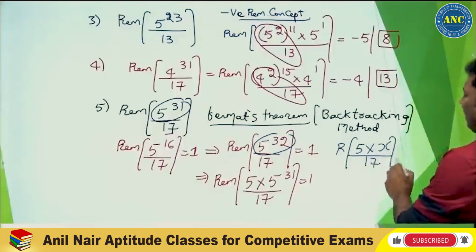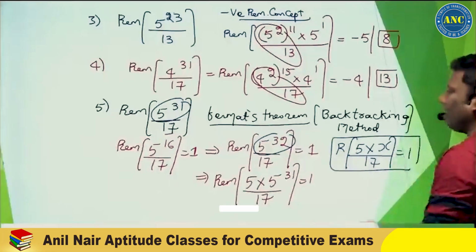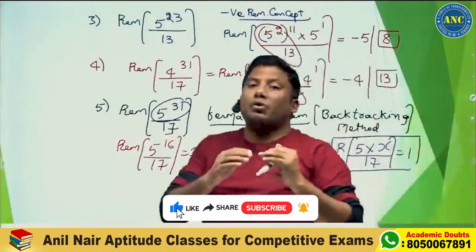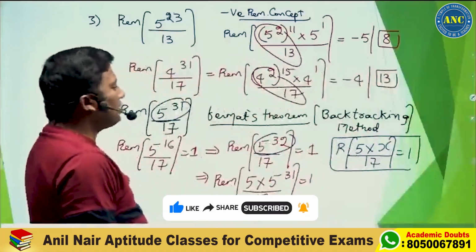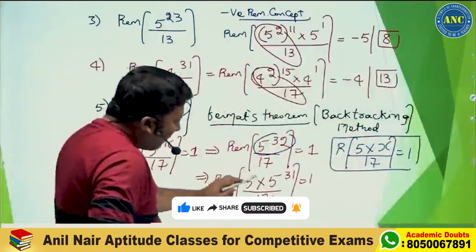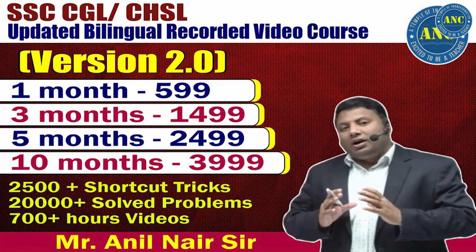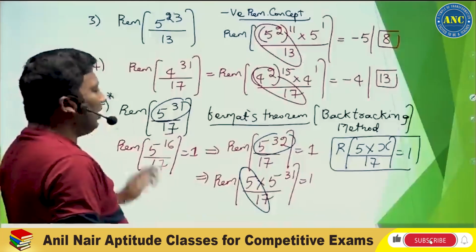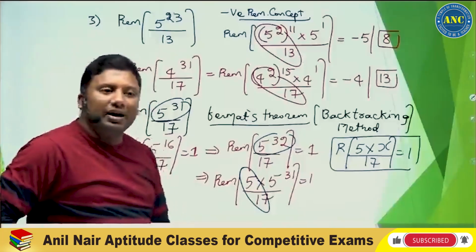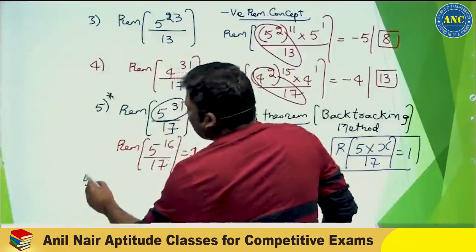When I further divide, the answer does not change. Yesterday we used the backtracking method for the same kind of problem. 5 by 17, 17 zeros are 0, remainder 5. For 5 power 31 by 17, we do not know the remainder, that is what we want.